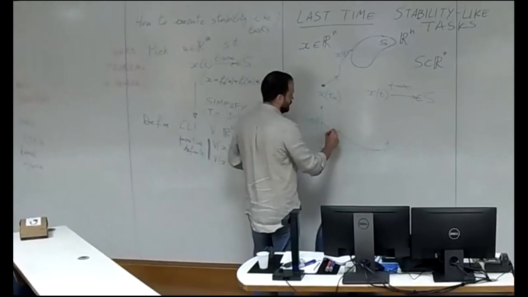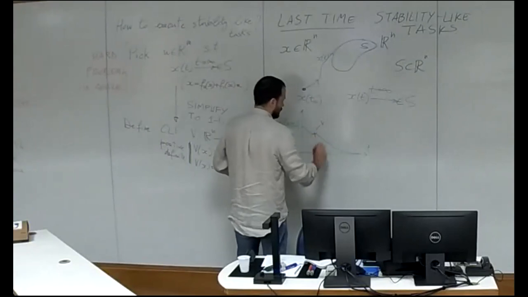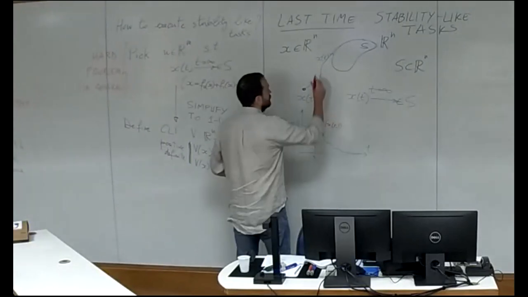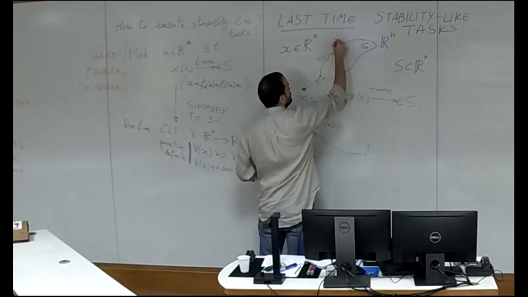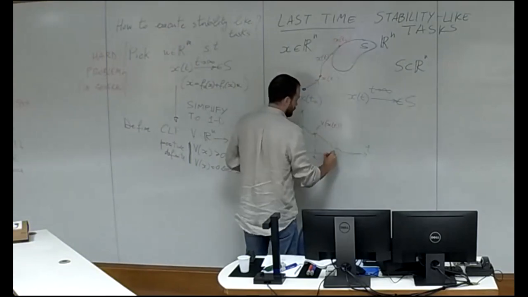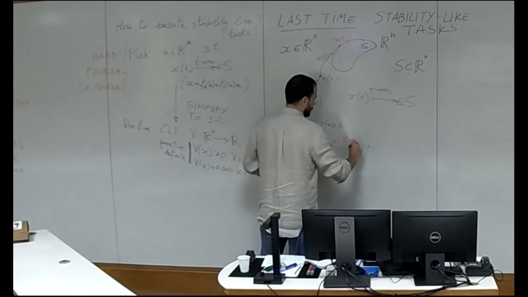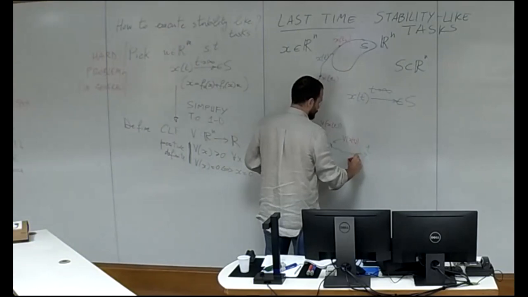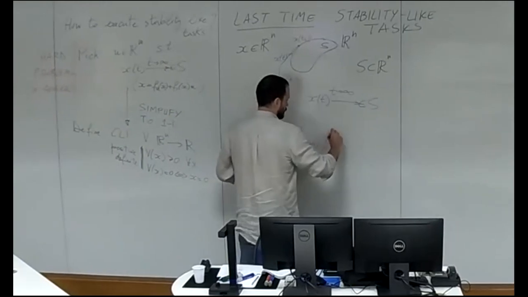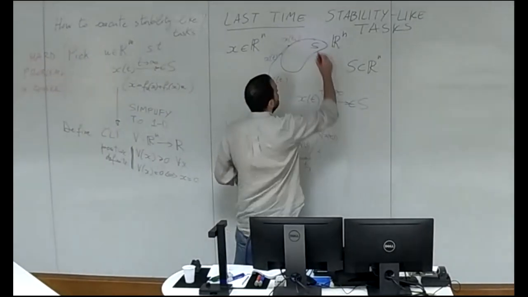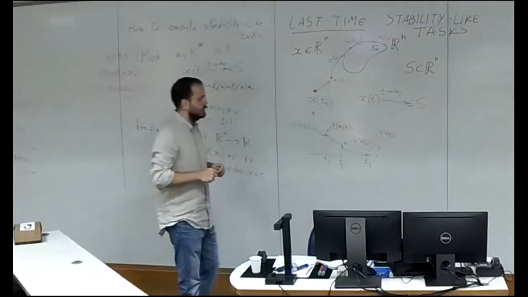So for example, this is V of x at t1. This is x at t1. This is x at t2. This is V of x at t2. Eventually, as we get closer to V of x at time t3, it becomes 0, or closer to 0.